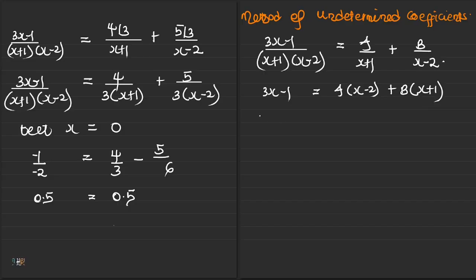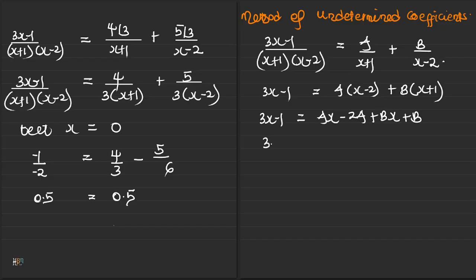After this, what we do is we open the bracket. So that we have a times x, that gives us an ax, then a times negative 2, which also gives us a negative 2a. Then we have b times x, we have bx, and then b times 1, giving us what? A b.